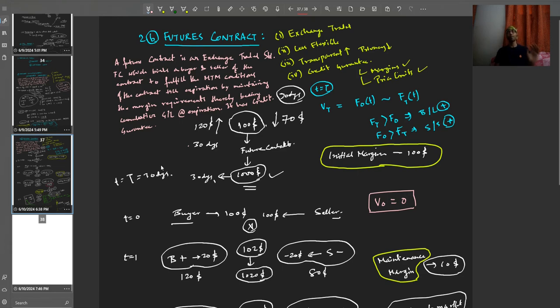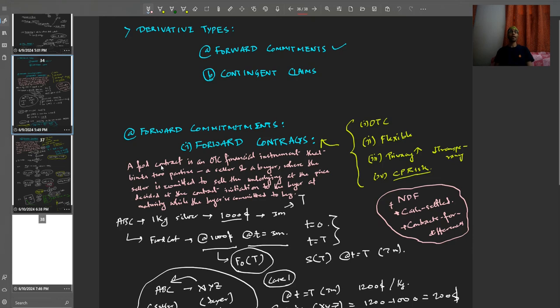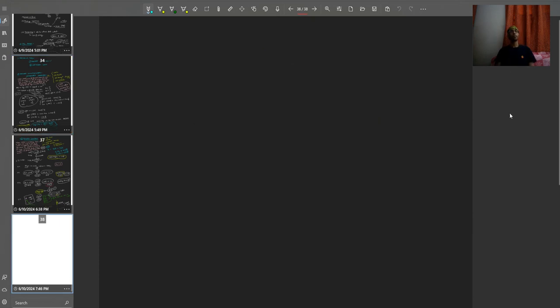It is only after the performance of the underlying is deciphered at the end of the expiration, or on the way to the expiration, that the value is decided. Even in case of a forward contract, the initial value or the initial exchange is 0. There is no initial exchange. So this is a very important aspect of both forward contract and futures contract.